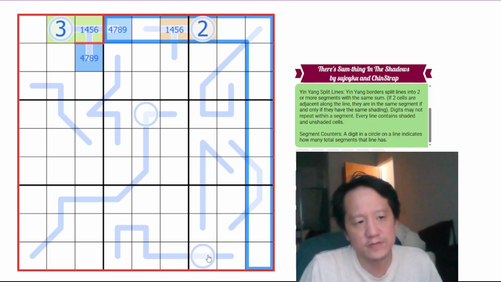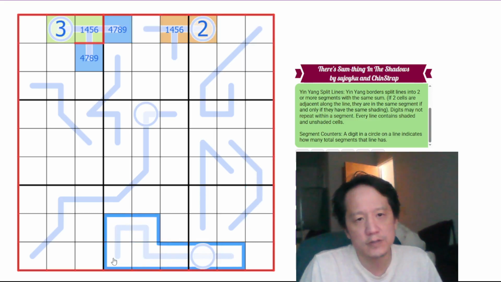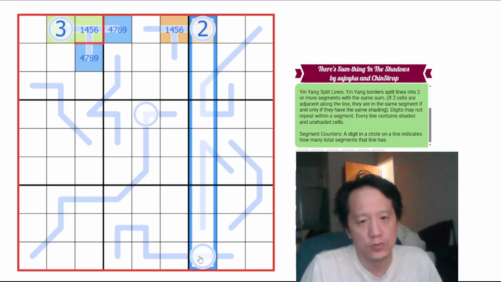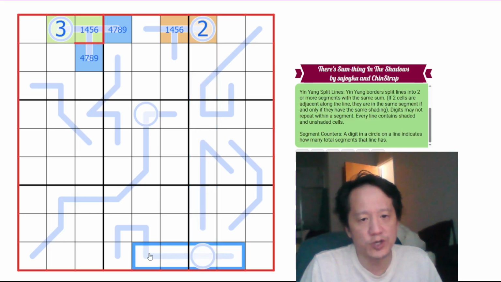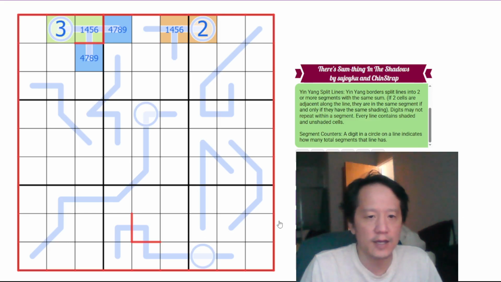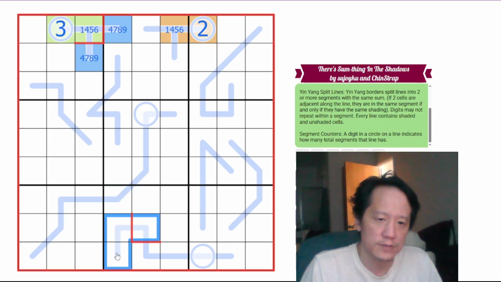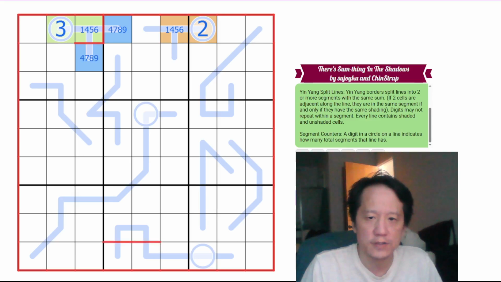Okay, that's very interesting. Then that means this segment, well, first of all, it can't be 2. If it's 3, I guess it could be 3, but it cannot break up like this, or like this.